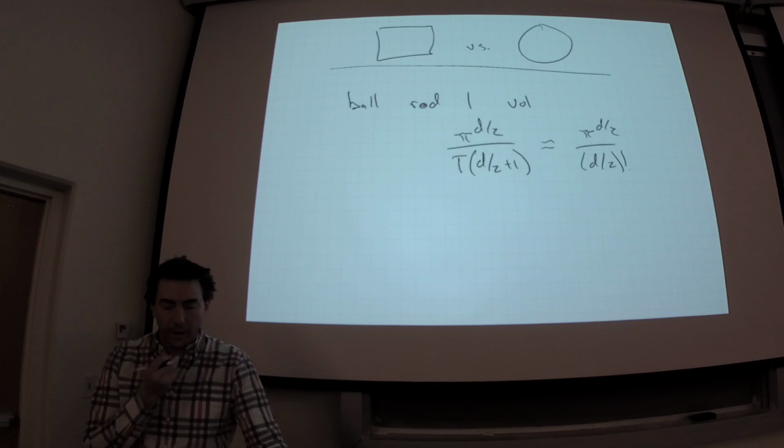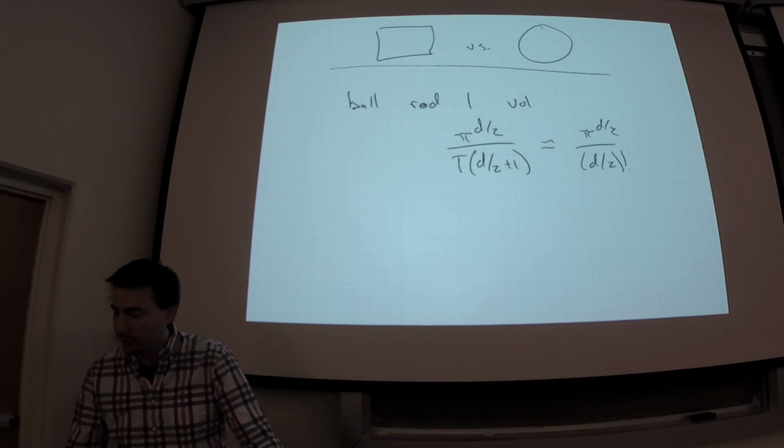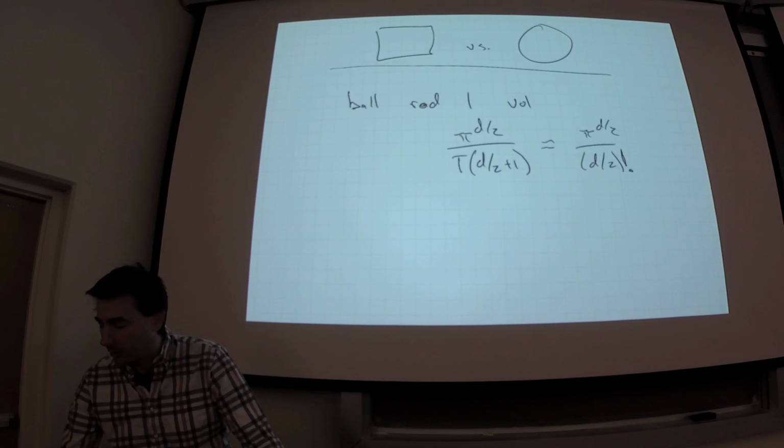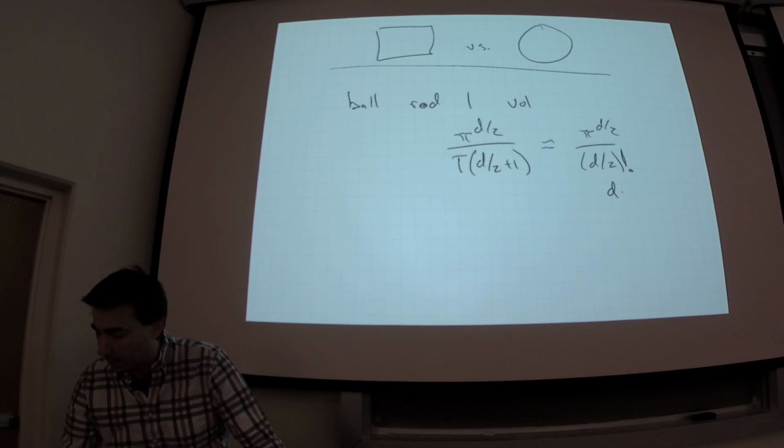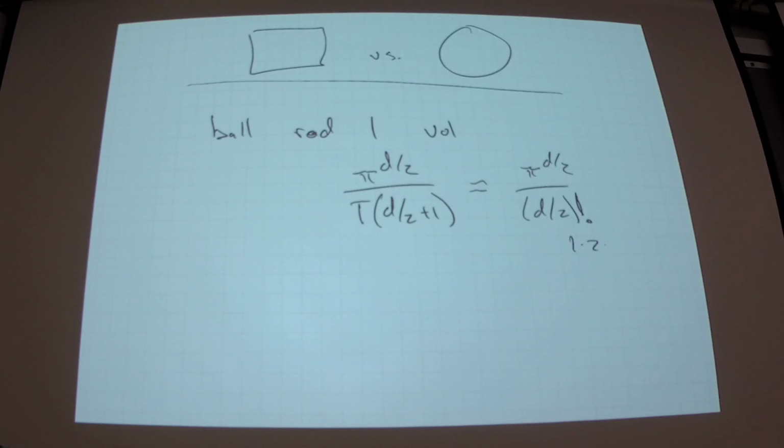That factorial is 1 times 2 times 3 up to D over 2. So it's bigger than pi to the D over 2 once D starts getting larger. That means this goes to 0 as D goes to infinity. So the volume essentially goes to 0, which is kind of unintuitive. This is the ball of radius 1.